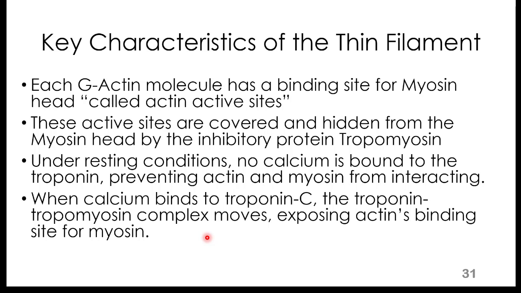It must bind to troponin C. Remember that troponin as a whole is bound to both actin and tropomyosin, right? And so when calcium binds to troponin C, it causes the tropomyosin complex to move, thereby exposing the sites on actin to which myosin will bind.